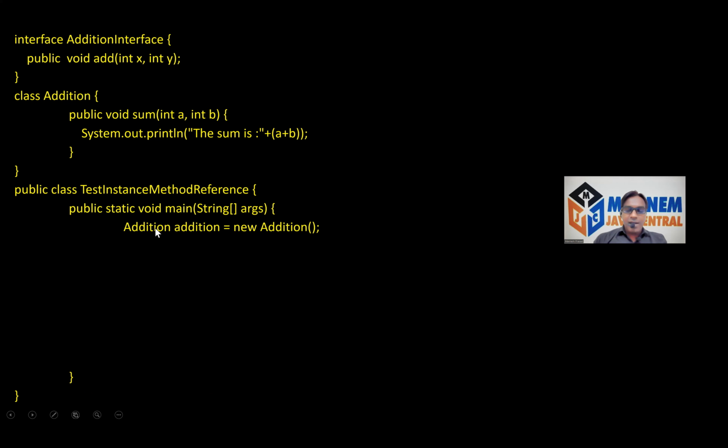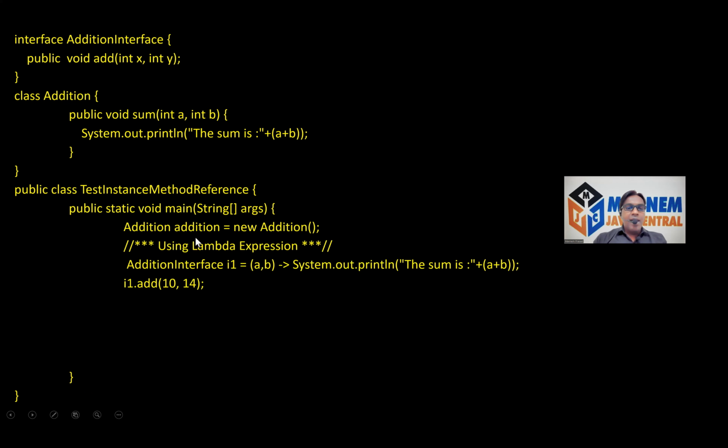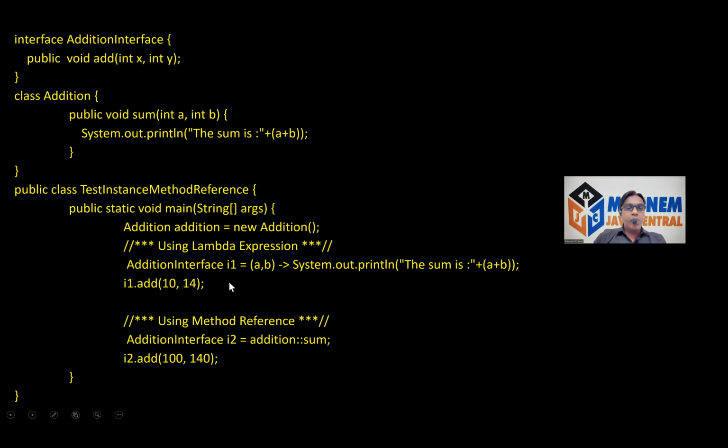And in the class test, I have created the object for this addition implementation class. And this is the lambda expression actually, but writing the lambda expression encourages duplication of the code. That's why we have to use method reference. So how can you reference your sum method? By using the object of the addition class. That's it. Let's see this example in the IDE.